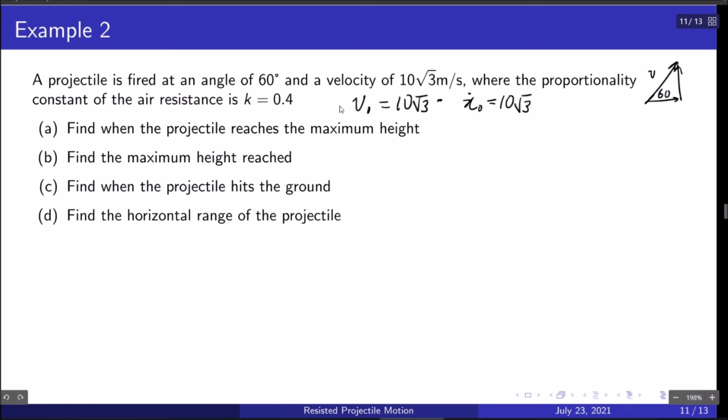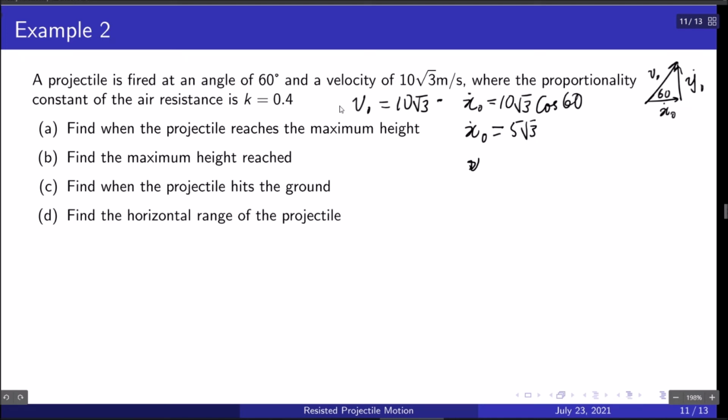Yep, so this is v, this is y dot, and then this is x dot. So x dot naught equals 10 root 3 times cosine 60, which means x dot naught is equal to 5 root 3.